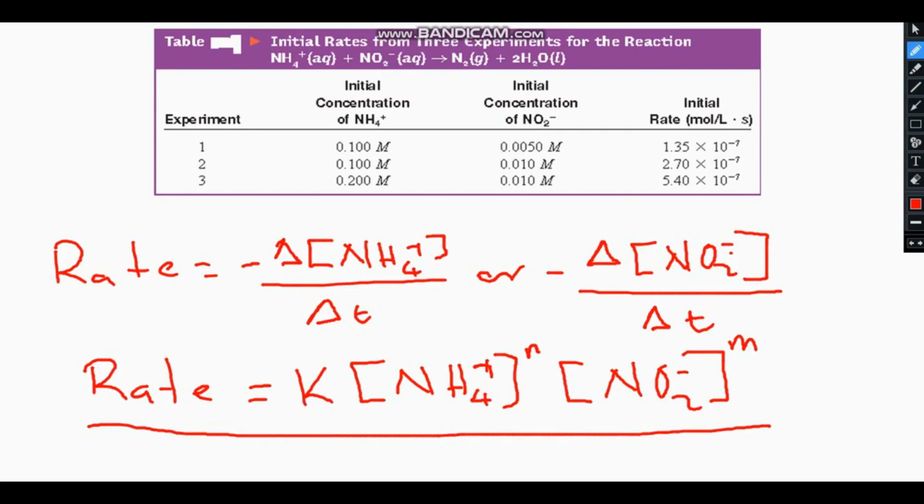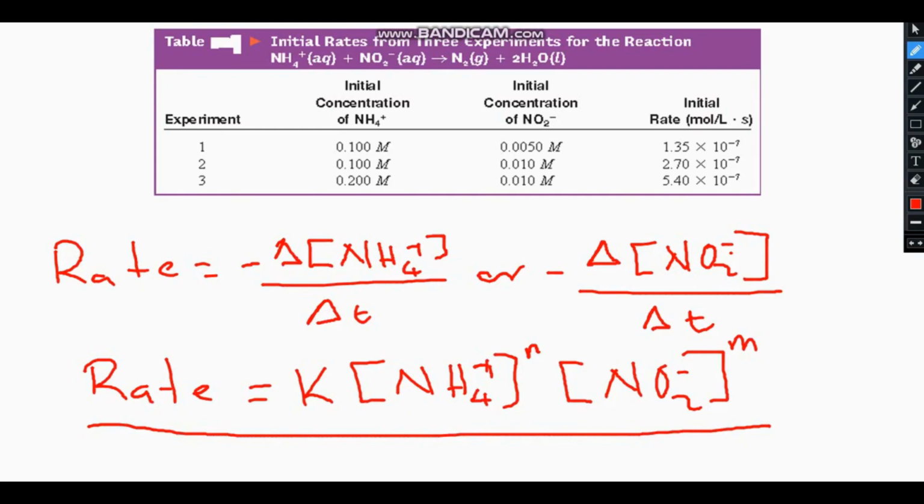Now, when you are determining the orders of each reactant, we usually use the values given on the table. So if you look at the table critically, you'll notice that each experiment has the initial concentrations and the initial rate. Now, what is noteworthy is when you look at the initial concentration, take for instance experiment 1 and experiment 2 with regard to NH4 plus.